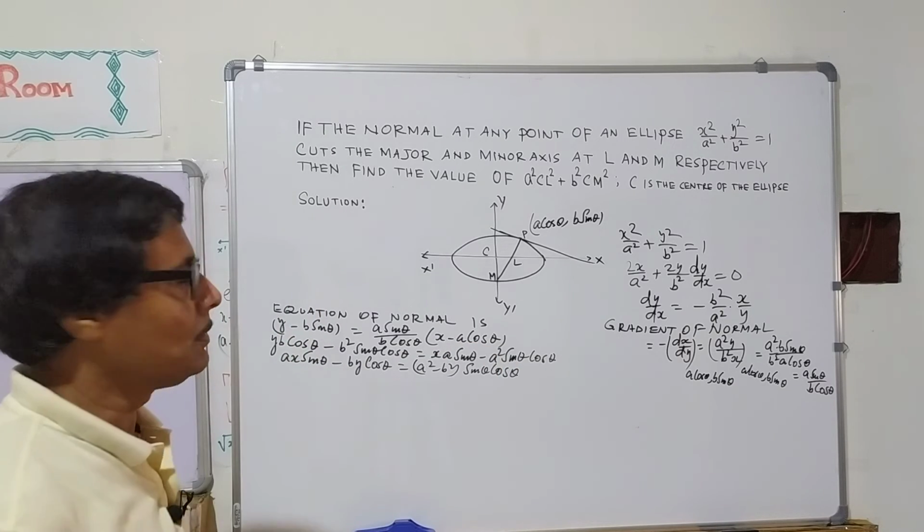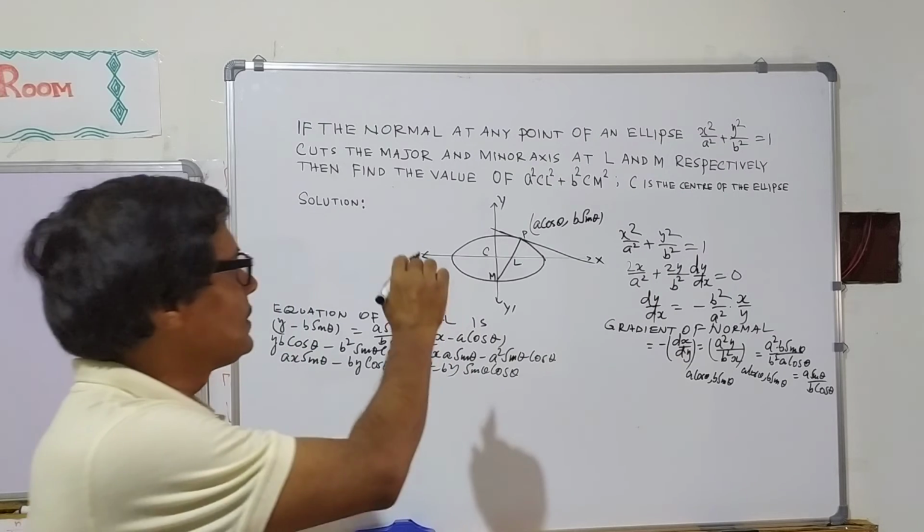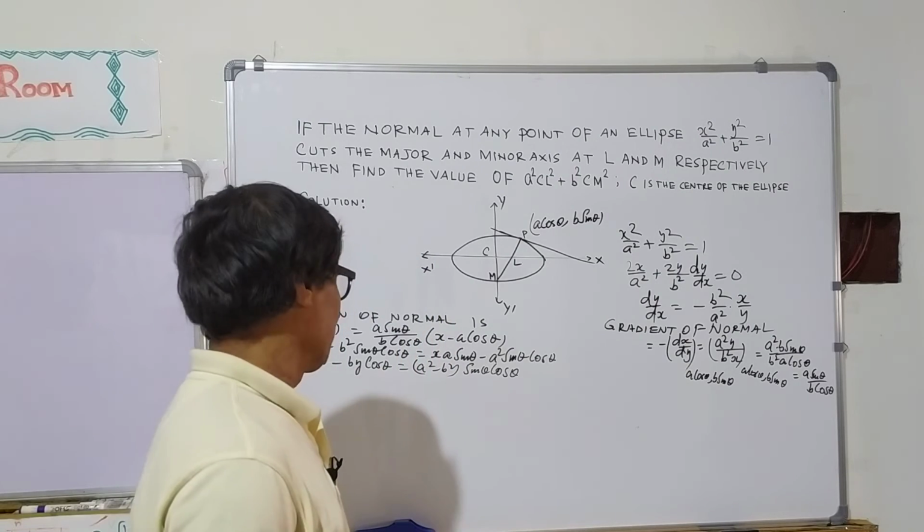This is the equation of the normal at P.